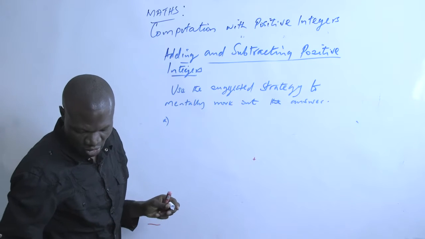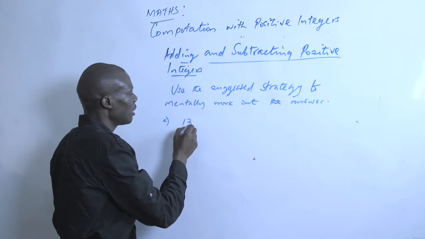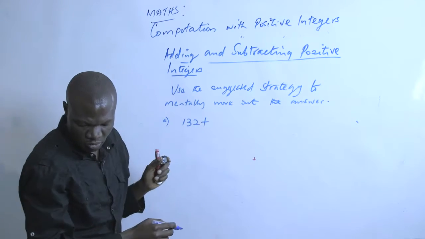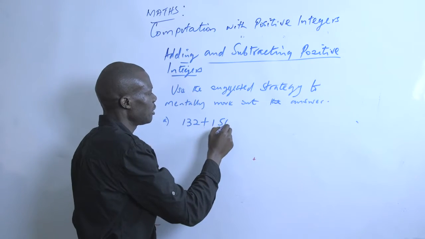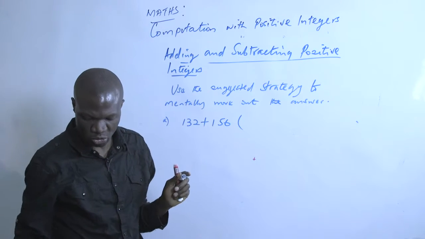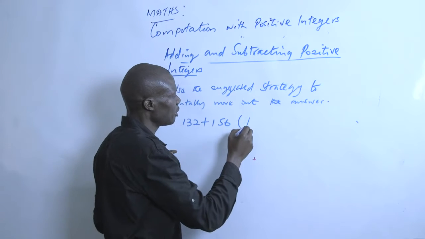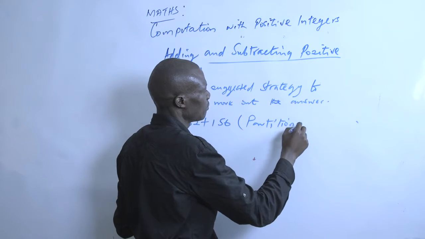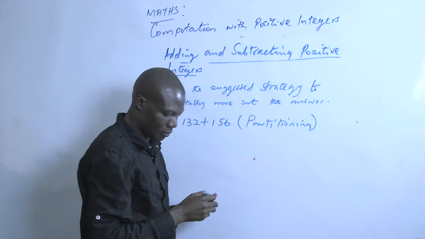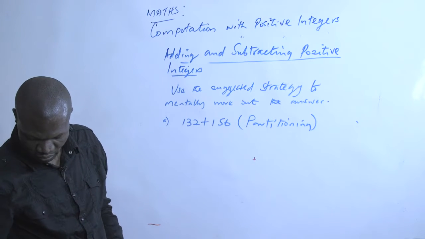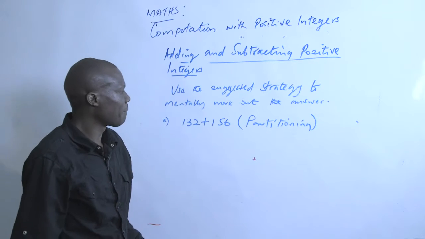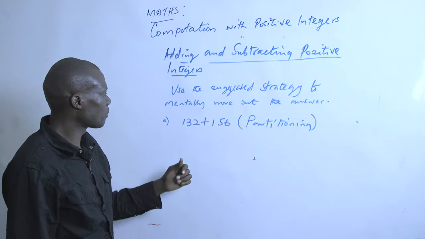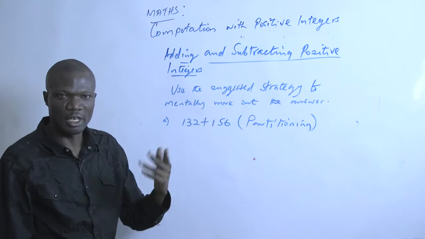And the first one we are having is 132 plus 156. The strategy to be used here is partitioning. So this is the question, this is the strategy.